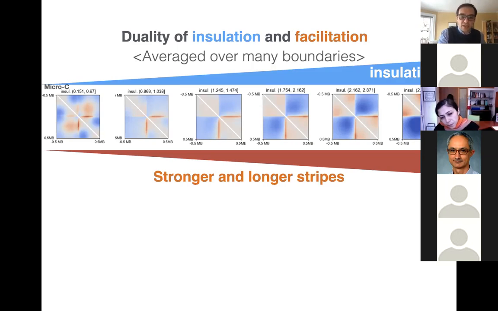So these things can very well be cell type specific, because what's encoded in the DNA is the ability to establish a boundary there, but it doesn't necessarily mean that there's going to be a boundary there.